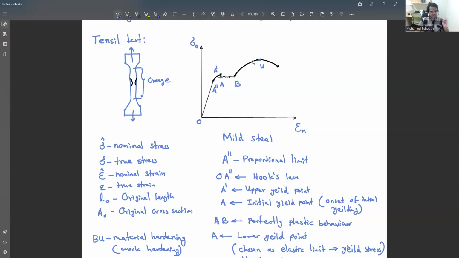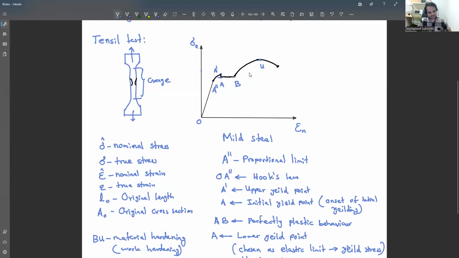In this region, for small stress, you can deform the material with large strain. You can easily deform the material with a small stress increment, so you can increase the strain to a very large value. That is what we define as strain hardening.